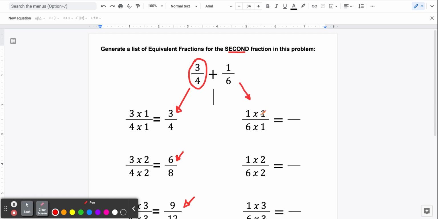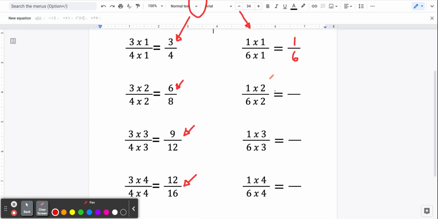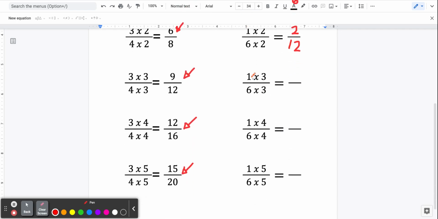So we begin with 1 times 1 and 6 times 1. We end up with 1/6. The next one says 1 times 2 and 6 times 2, which results in 2/12. The third one says 1 times 3 and 6 times 3, which results in 3/18.